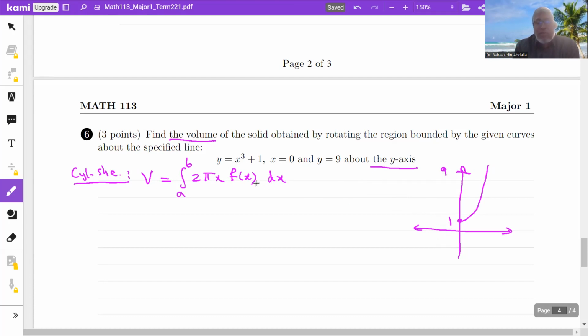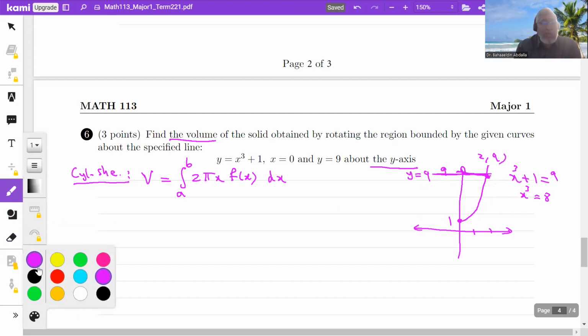But I'd like to check if y is 9, what is the point? So x cube plus 1 equals 9, means x cube equals 8, means x is 2. Good. So I can say that this point is 2 and 9. Okay. And then this is the line, y equals 9. So if you look carefully, this is the curve, y equals x cube plus 1.